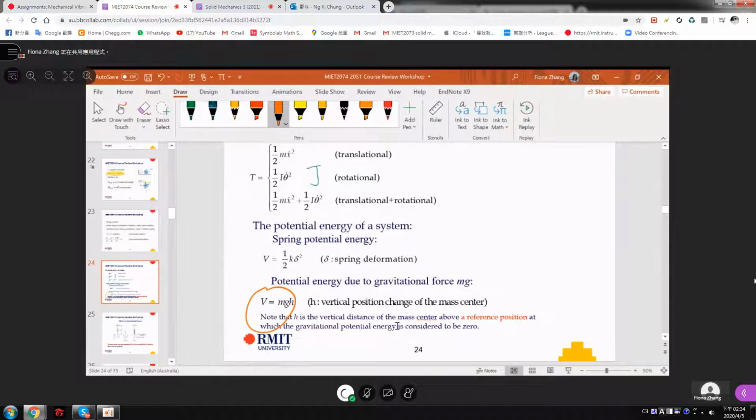The h needs a reference position, where the potential energy is considered to be zero. For example, mgy here will be negative, and here it will be positive.